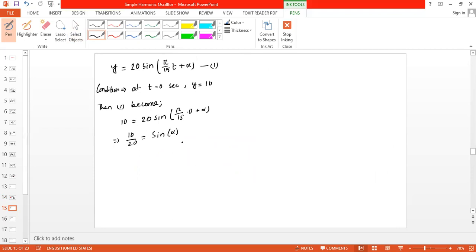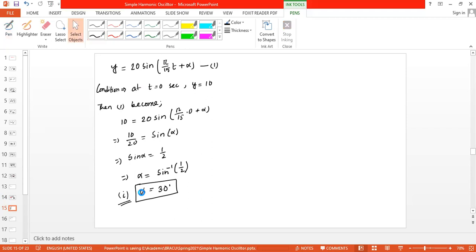Is it clear? So sine alpha equal to half, or alpha equal to sine inverse 1 by 2. What is the value of sine inverse 1 by 2? This should be 30 degrees. So alpha equal to 30 degrees. So my epoch angle is 30 degrees. This is the solution for part 1.